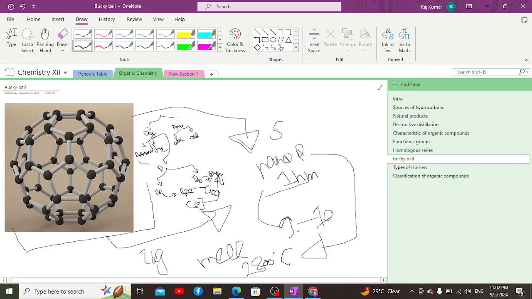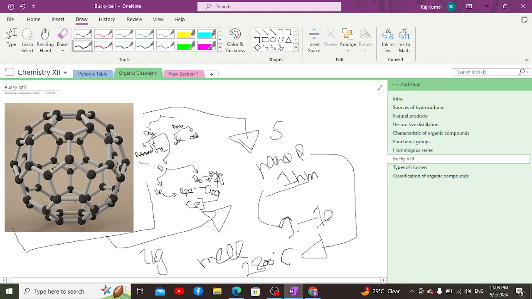How is this possible? Buckyball has a hollow cage, such that from the interior the Bucky ball is empty, and from the exterior it's just covered with a cage of carbon atoms linked together, due to which the structure occupies a high surface area.